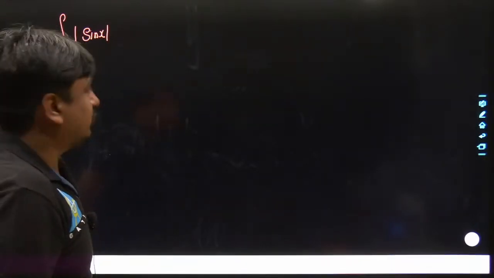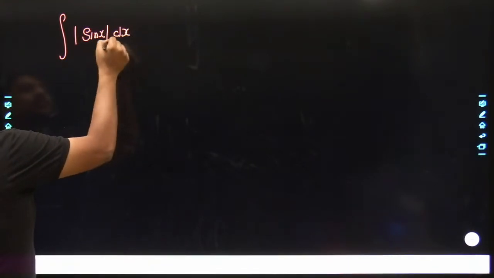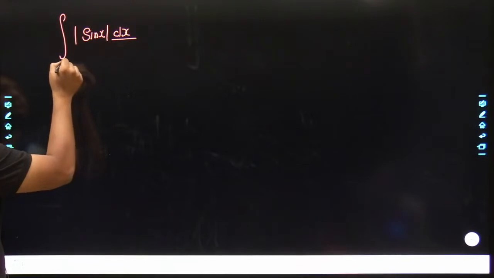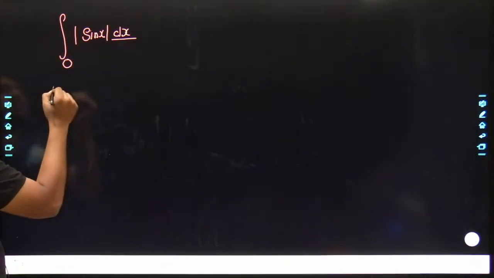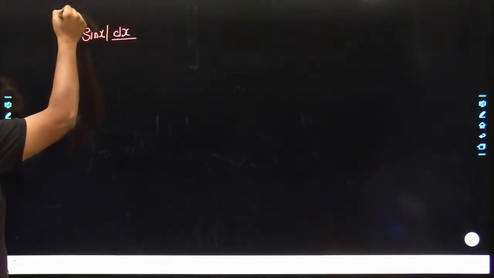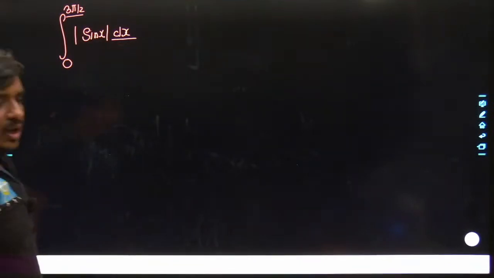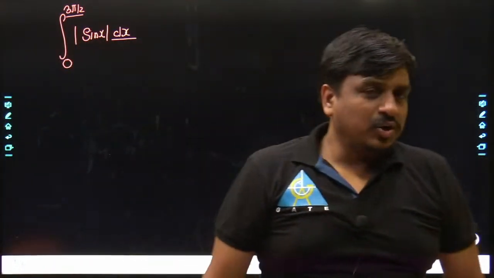Yes, Alok Kumar, that's fine. Integral of mod of sin x dx, and let's take the integration from 0 till 3 pi by 2. How will you do its integration?